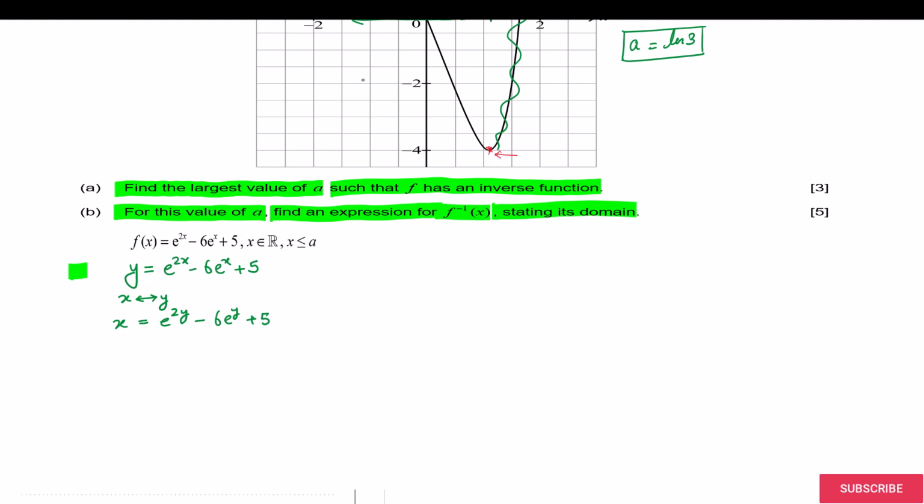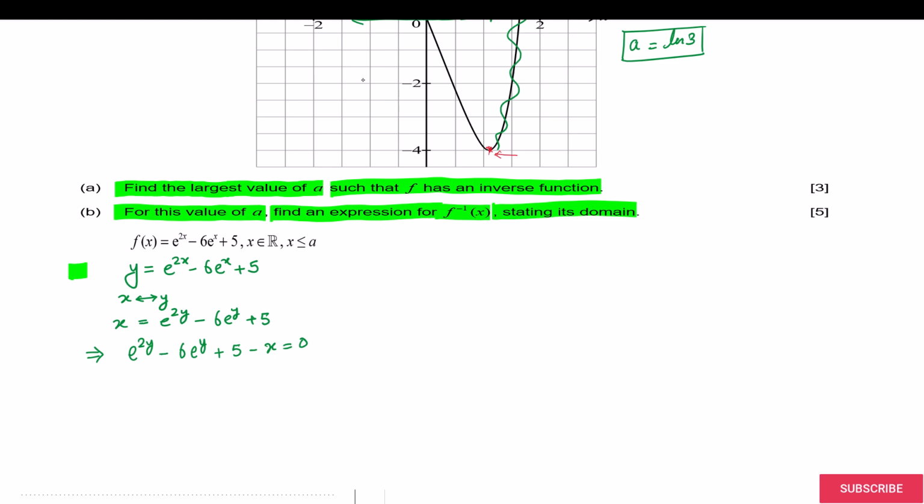Now the third step is to make y the subject. For that I will bring everything to one side, so this becomes quadratic in e^y: e^(2y) minus 6e^y plus 5 minus x equals 0.